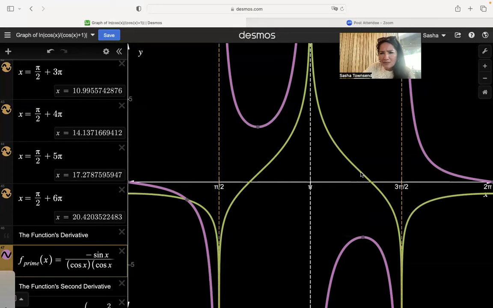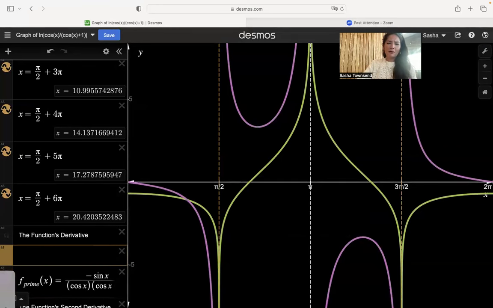And then they start getting steeper and steeper, so increasingly negative slopes. And so the slopes go to negative infinity as we approach 3 pi over 2. And then from 3 pi over 2 to 2 pi, the original function, this green function, is increasing, and all the slopes are positive.